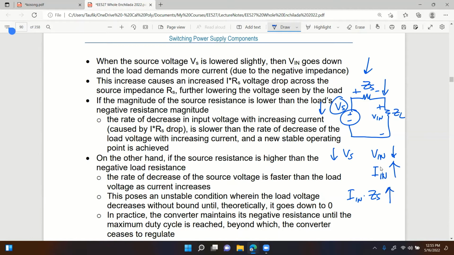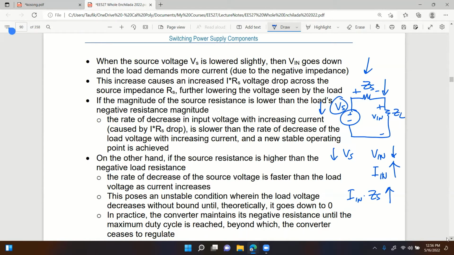That's what I put right here. When the source voltage Vs is lowered slightly, then Vin goes down, and the load demands more current due to the negative impedance. This increase causes an increase in I times Rs across the source impedance, further lowering the voltage seen by the load, right?